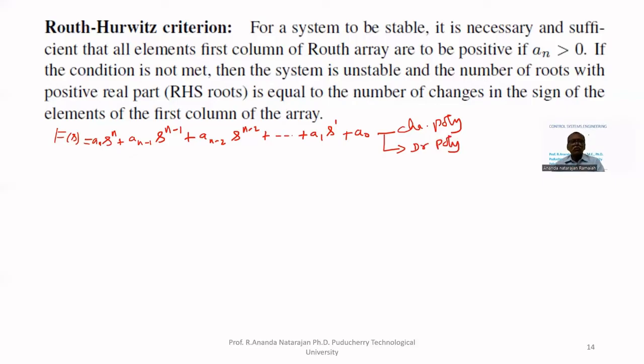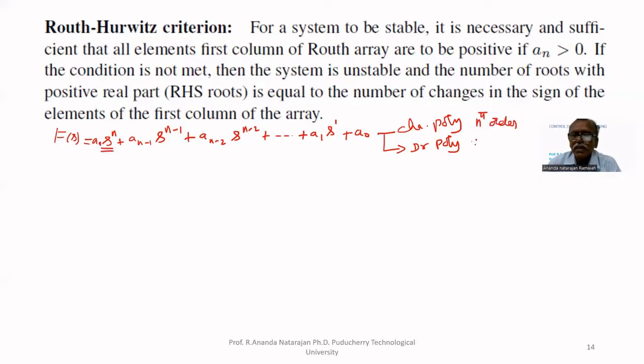If you find it for an open loop system, then it is called an open loop stable system. If you find the closed loop poles for a closed loop system, then it is called a closed loop stable system. This is the given characteristic polynomial or denominator polynomial. It is nth order.